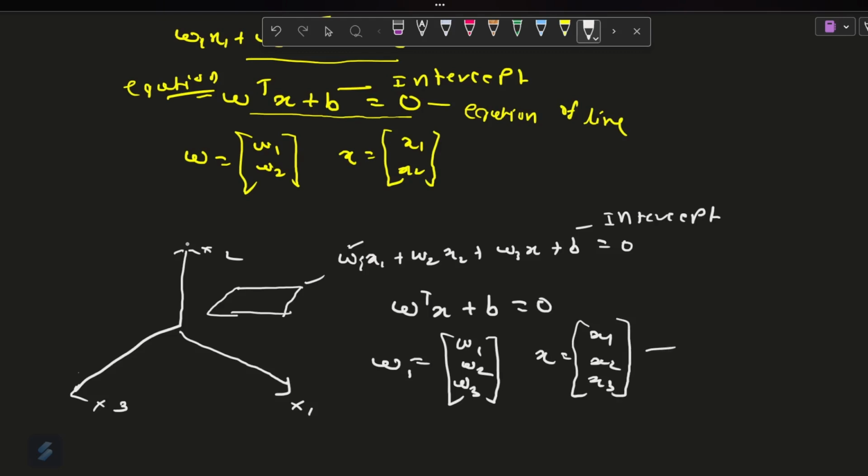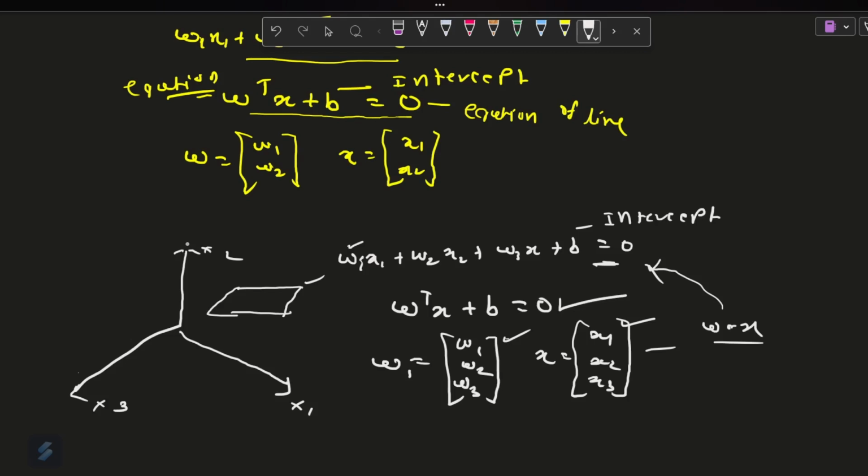Simply we take the dot product of these two vectors, w and x, and then we get that type of equation.